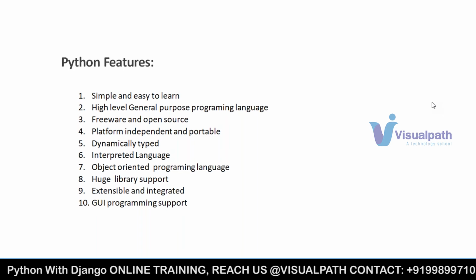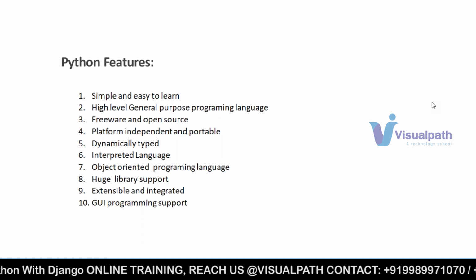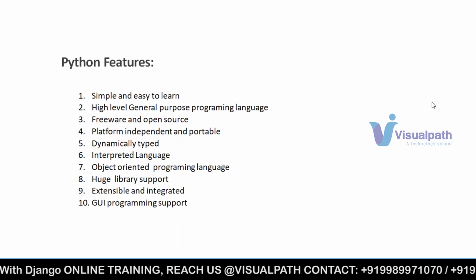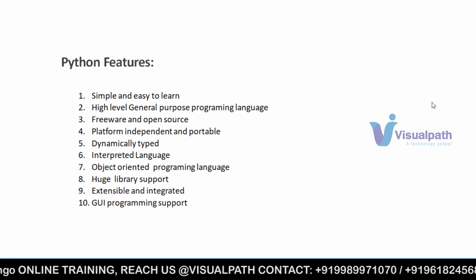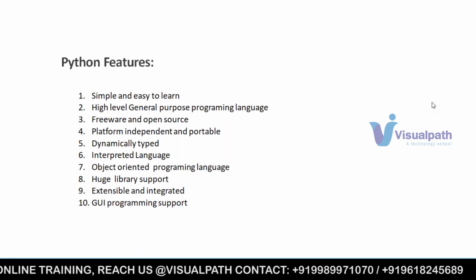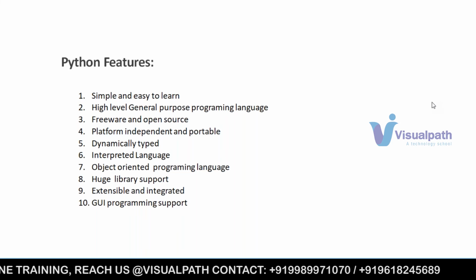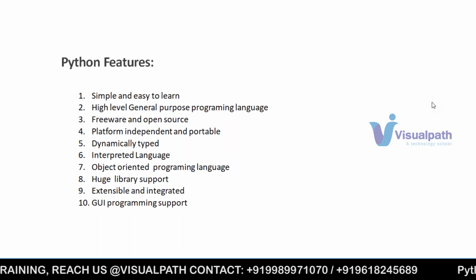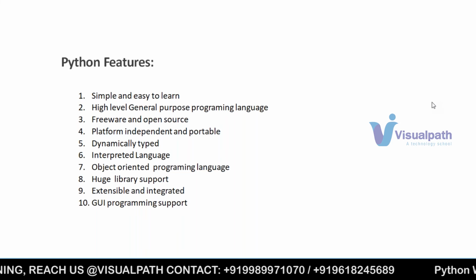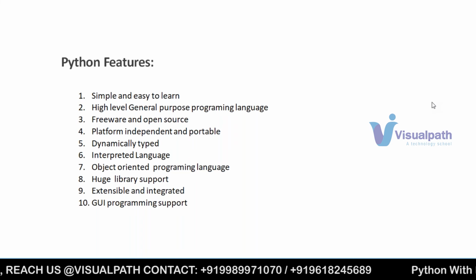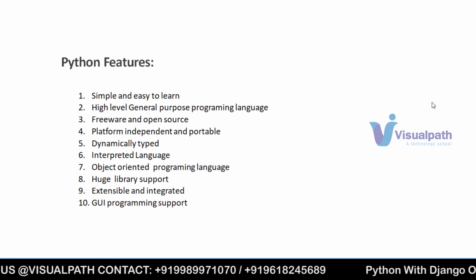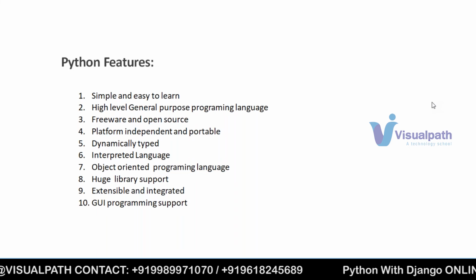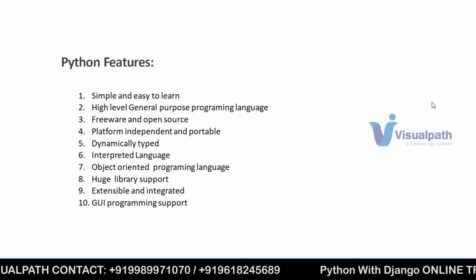Readability. Whenever we are writing any program, not only in Python, if you are a software developer, and I think some of you are already experienced people, readability is very very important in any programming language. Because when we are working or coding on a project, that is not for you, it is for the company.